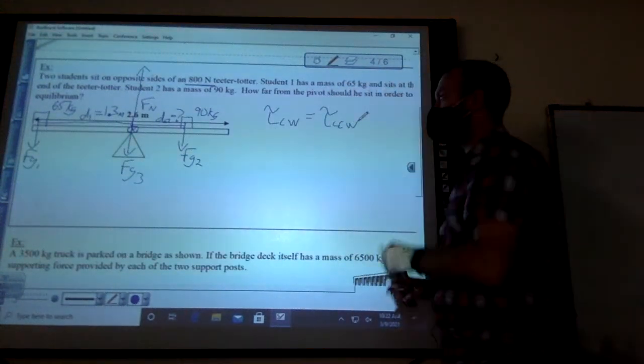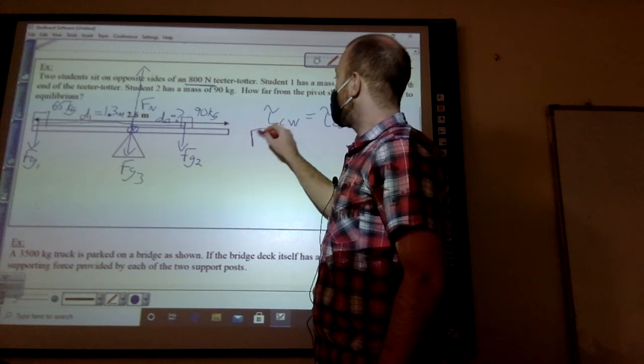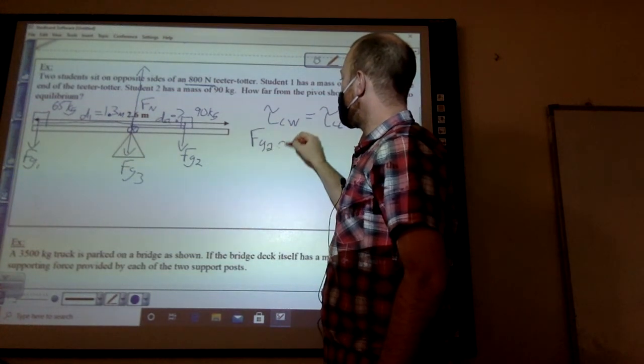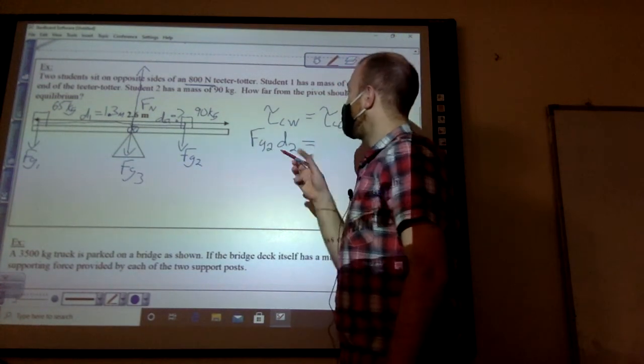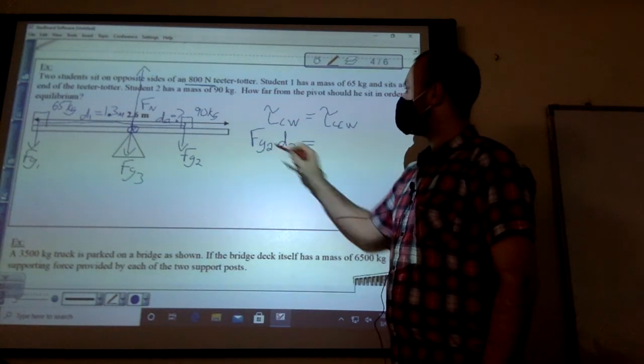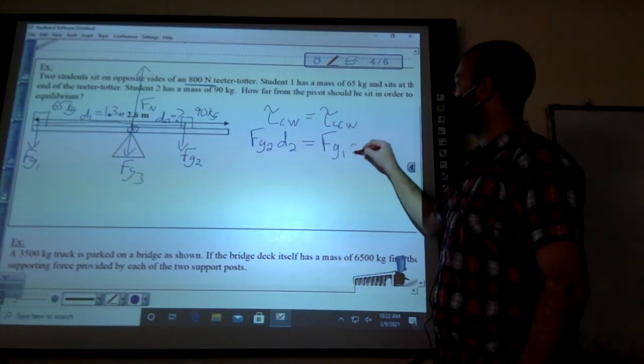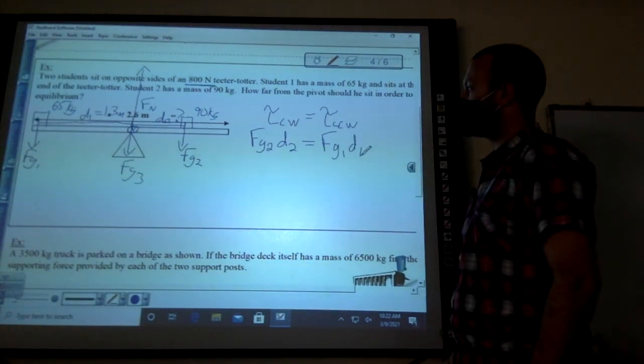So when in doubt, use your pen or pencil, whatever you've got. So clockwise, this is FG2 times D2. Again, that's the torque based on this force. And counterclockwise, we said already, is FG1 D1.